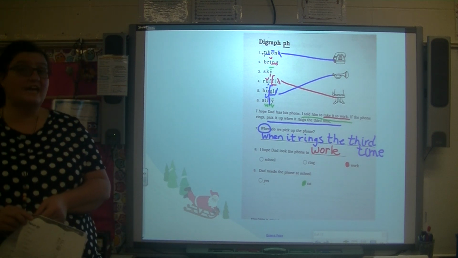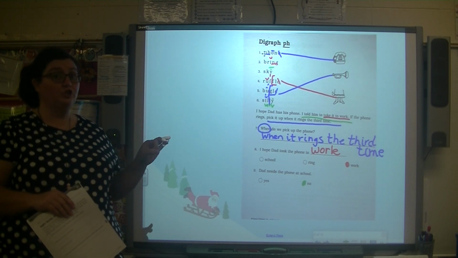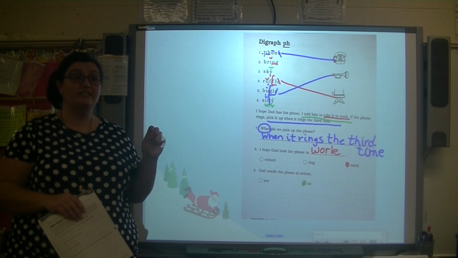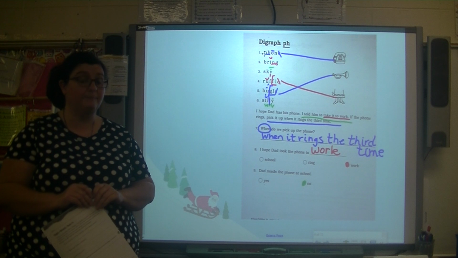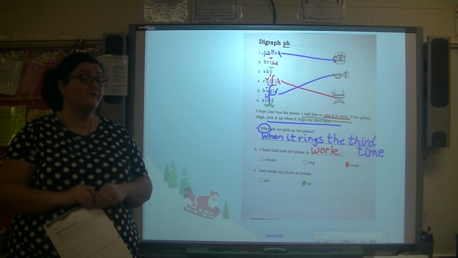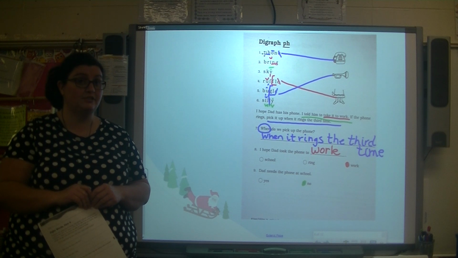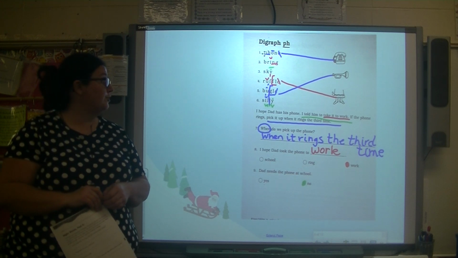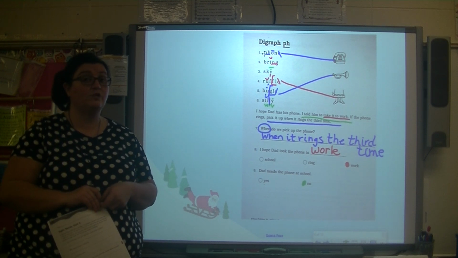I'm going to attach it. Your new decodable will be in your blue folder. So you'll need it. I will attach it to the lesson just in case you haven't picked up your packet yet. But remember, if you haven't picked up your packet, you need to come get it so that you'll have your materials that you need for phonics. Alright, do your best work. And don't forget to read your decodable.